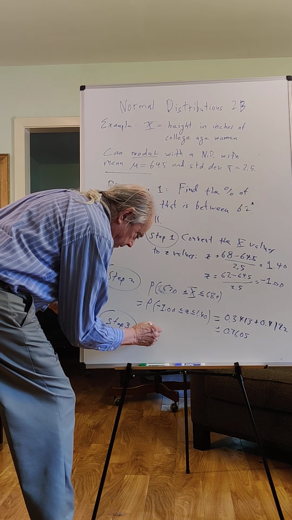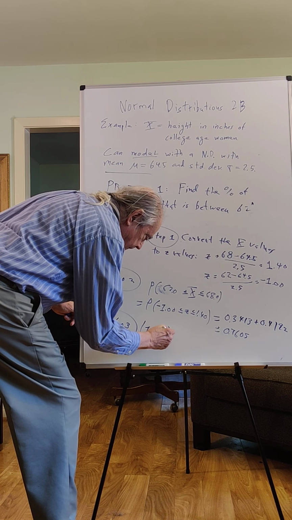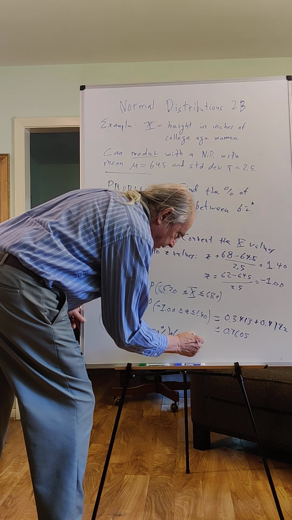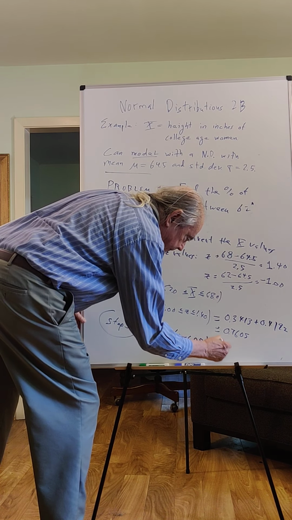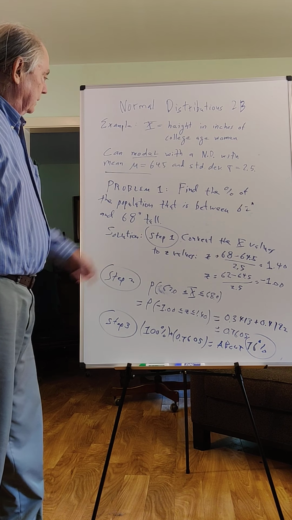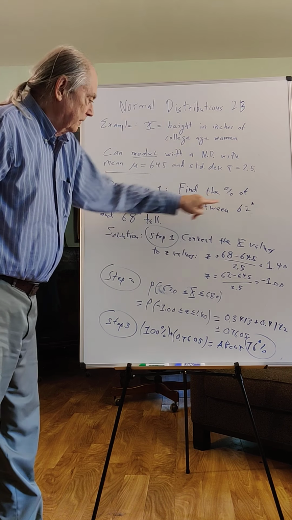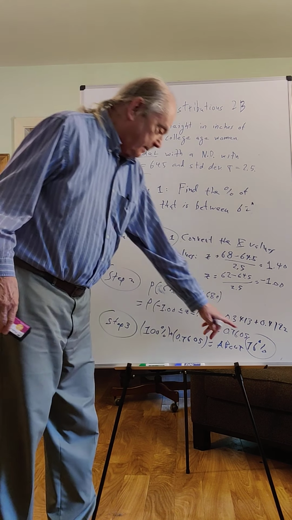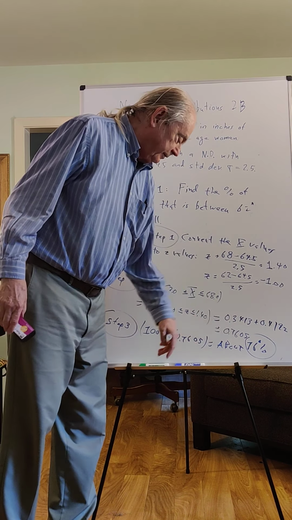So 100% times 0.7605 is about 76%. Okay, so according to our model, about 76% of the concerned population is between this tall and this tall. It's a good idea to round off because these models are never terribly accurate. So round off to a couple of decimal places and hope for the best.